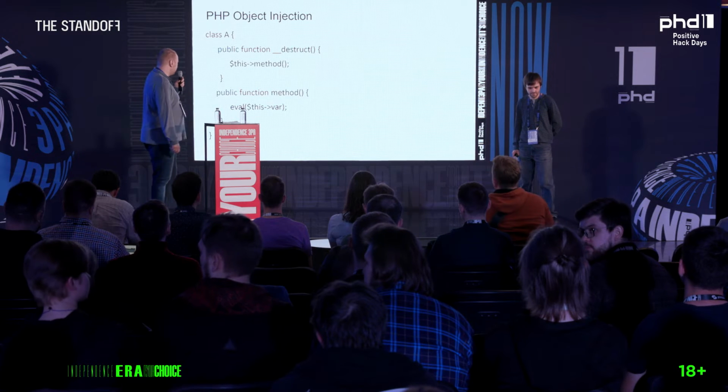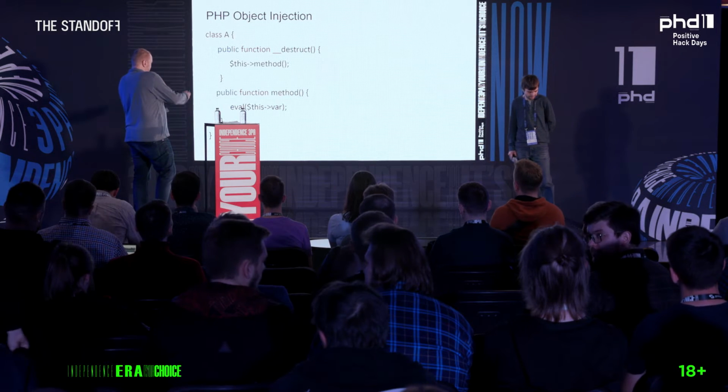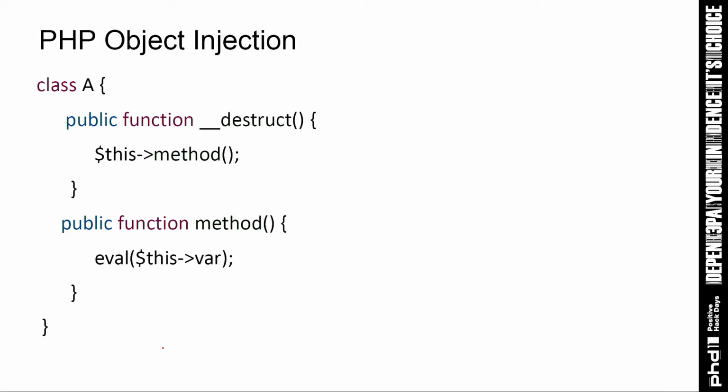vulnerabilities that look very much like your classical ones. You can see here destruct, which is our entry point. Its logical method call. Then the destructor starts to execute, and we get a dangerous function there. So this is your standard management flow.